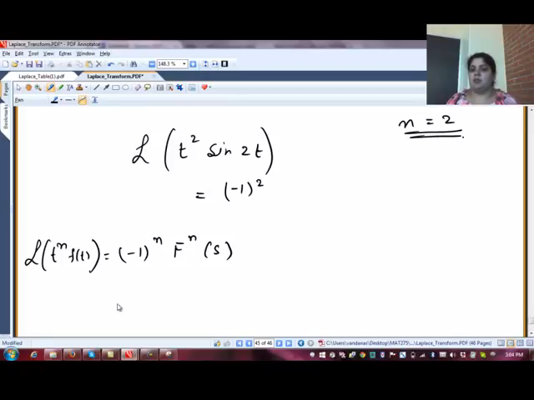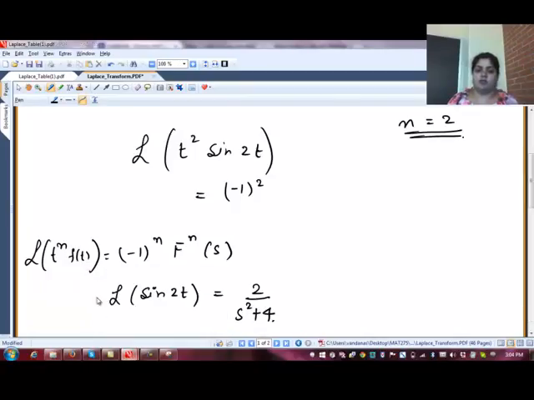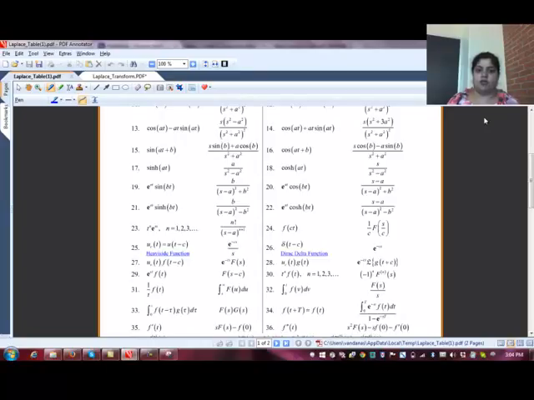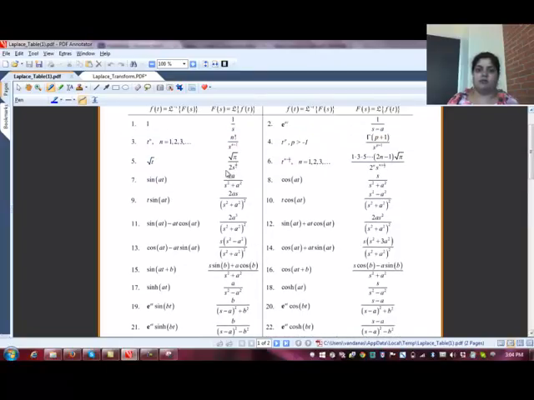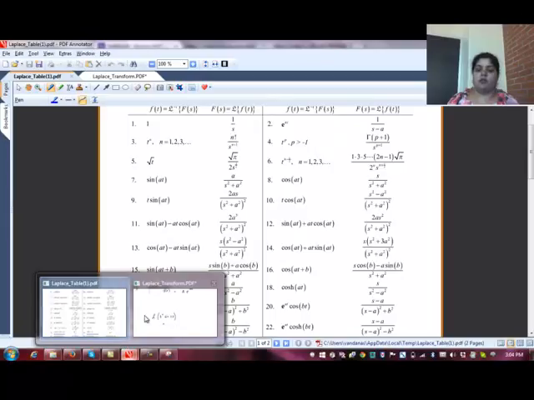Now what is the Laplace transform of sine 2t? I think it is a over s square plus a square, right? So 2 over s square plus 4.